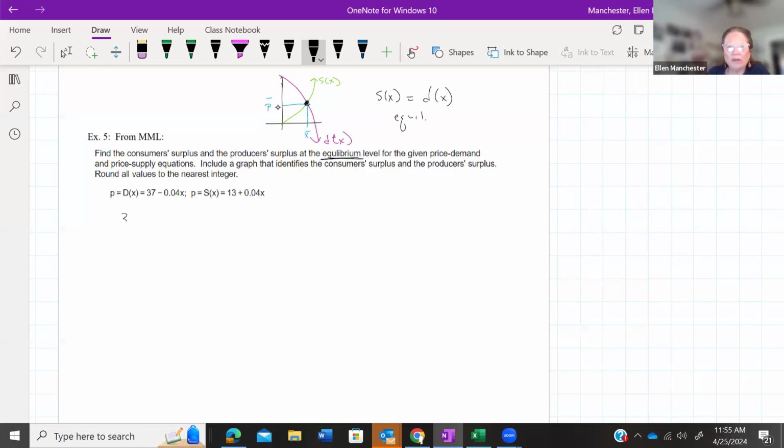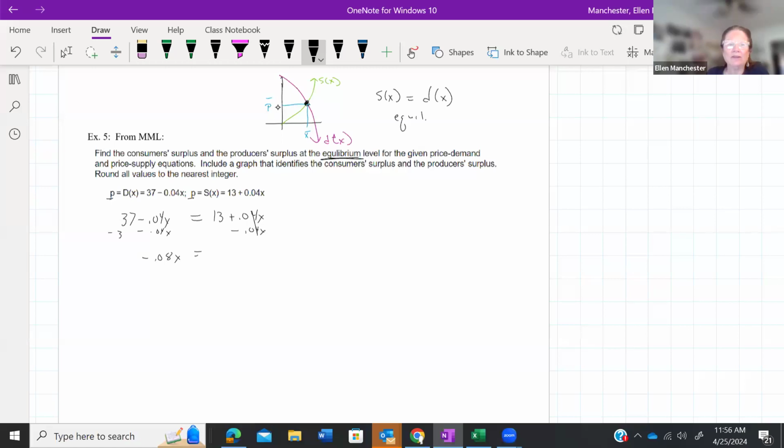So what we're going to do is take our demand function and set it equal to our supply function. Okay, and again, these are both prices, right? One is based on demand, the other one is based on supply. So where those two intersect is when you set them equal. So we're going to subtract our 0.04x, and we get a negative 0.08x.